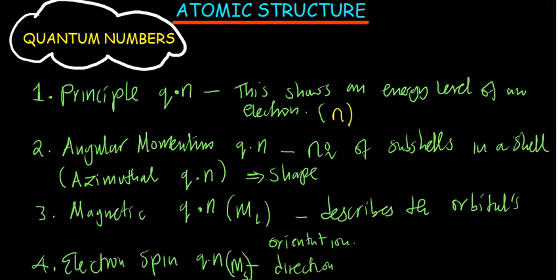So that is the electron spin direction of an electron in an orbital. Now, an electron can only have two directions. So it can either point up or point down. If the electron is pointing up, it's going to have a positive half spin. If it is pointing down, it is going to have a negative half spin.